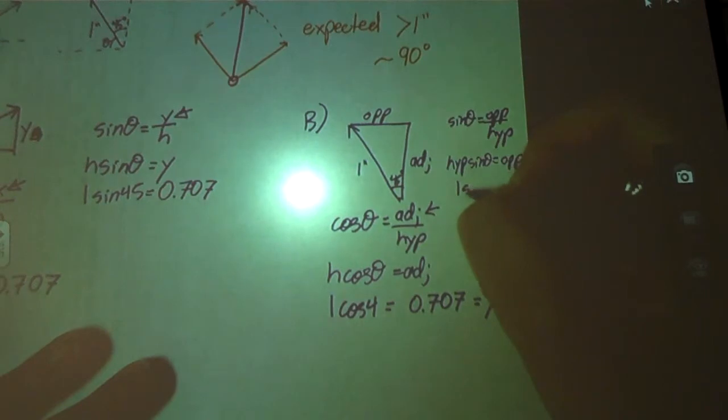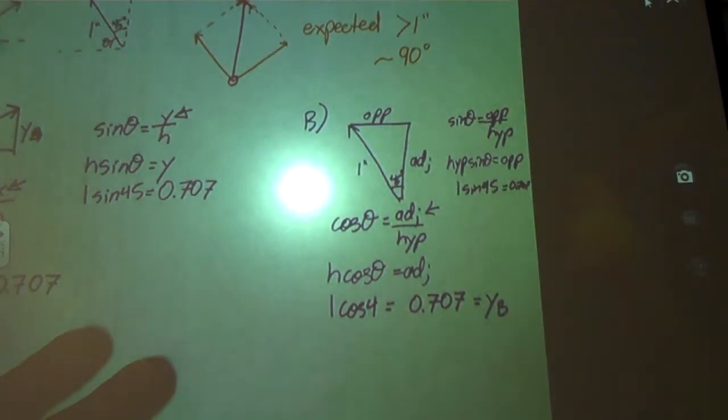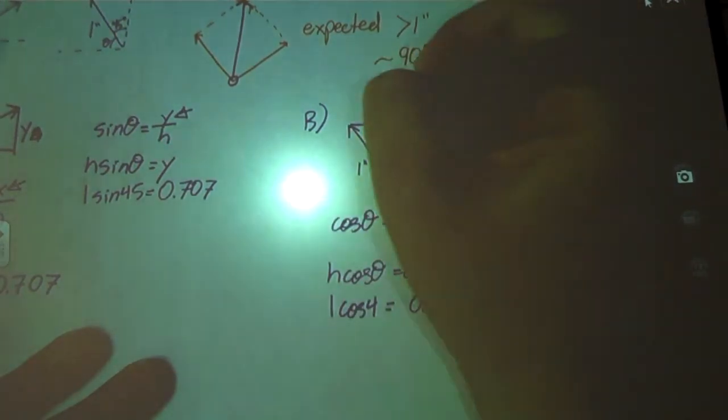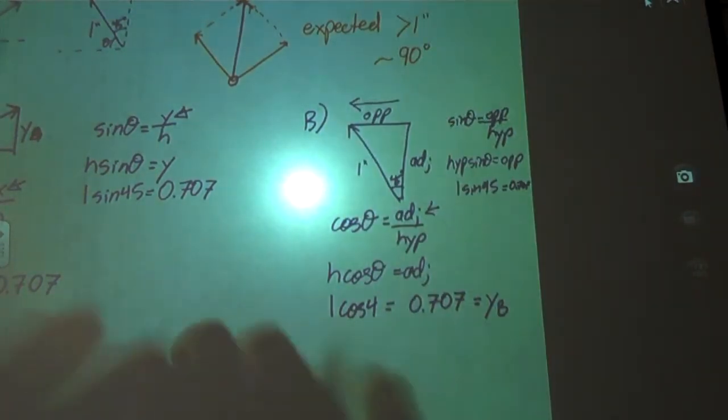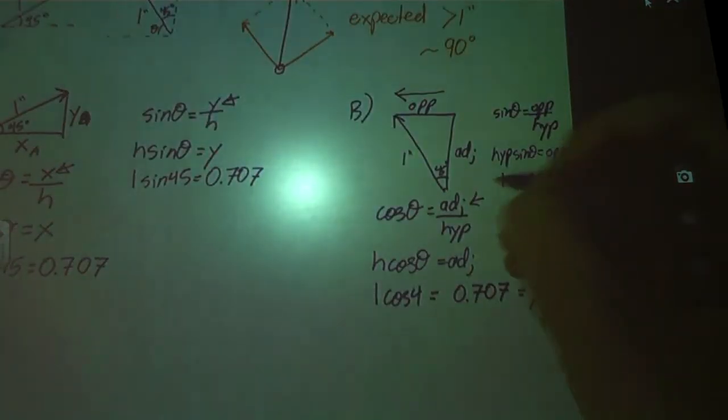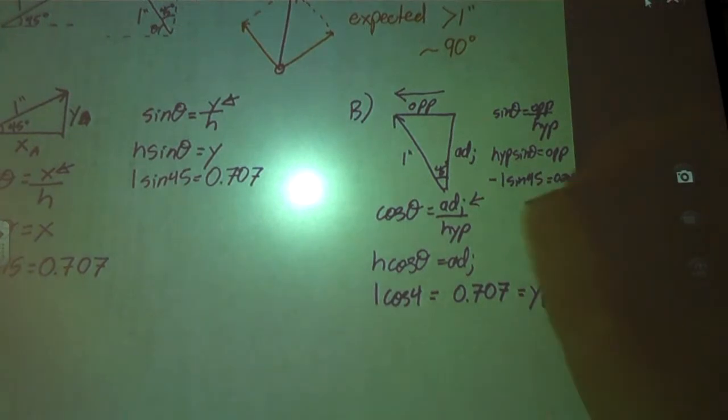So that's 1 sine of 45 equals 0.707, but look where it's pointing. It's pointing this way. And if you remember our sign convention, that makes this negative. So my xb is a negative value.